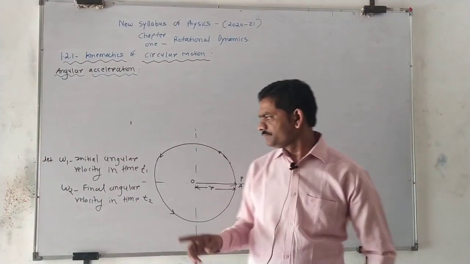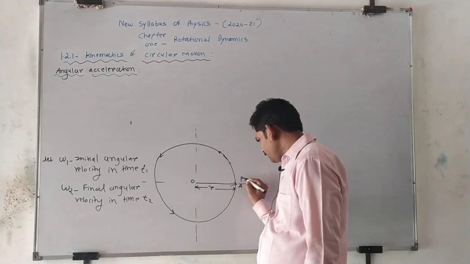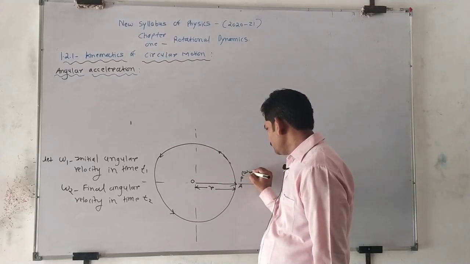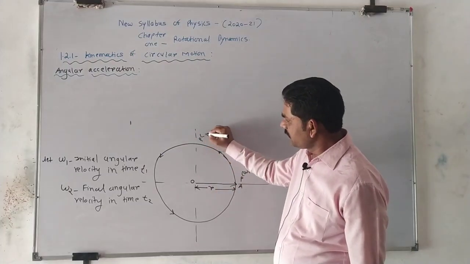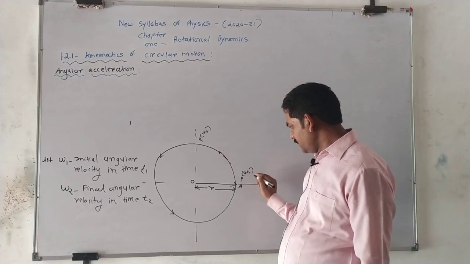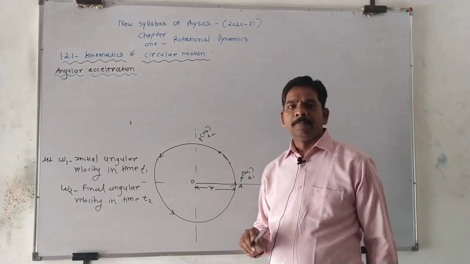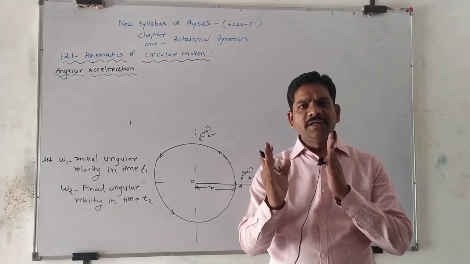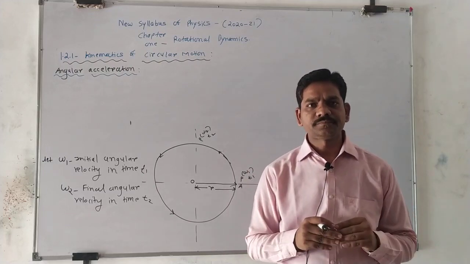The particle P on this circle initially rotates with angular velocity omega 1, then after some time it rotates with angular velocity omega 2. Here is the time t1, here is the time t2. It means the body's angular velocity is not fixed, it will change.